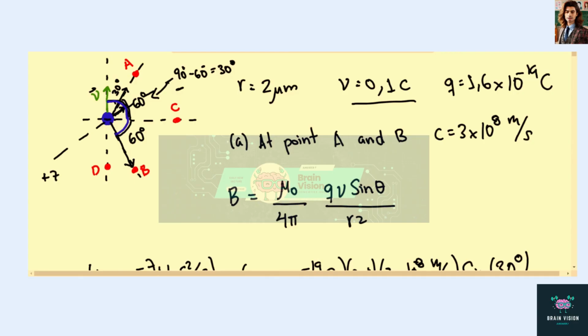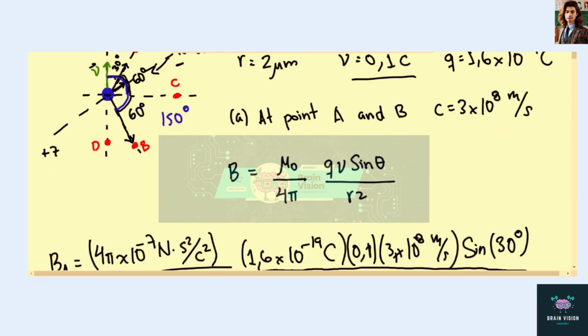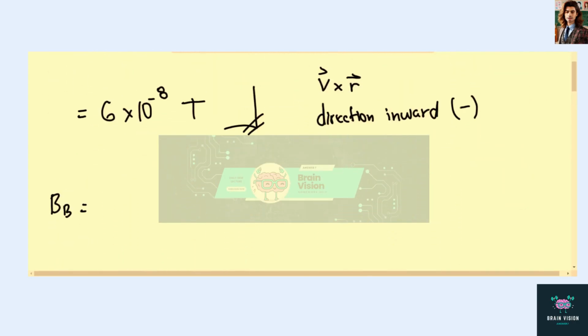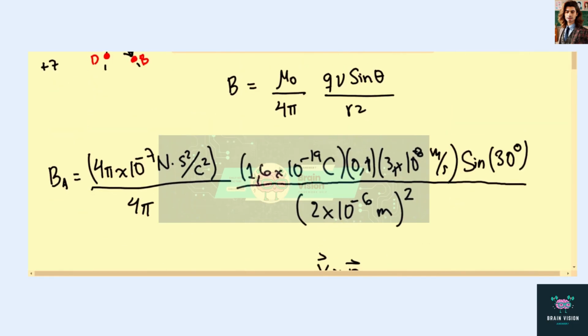So we will have 90 plus 60 degrees, that's 150 degrees. So with that in mind, we just simply need to put all of those values in here.